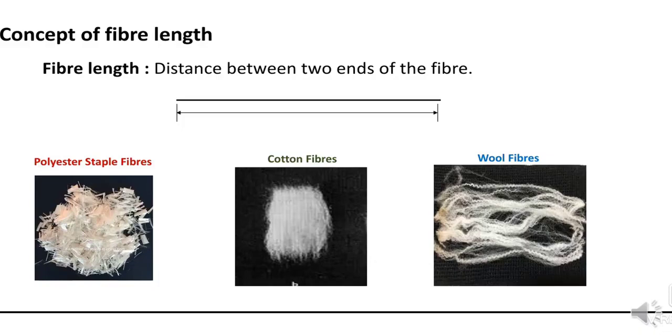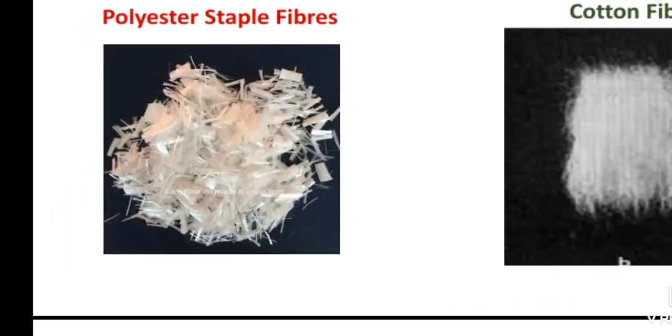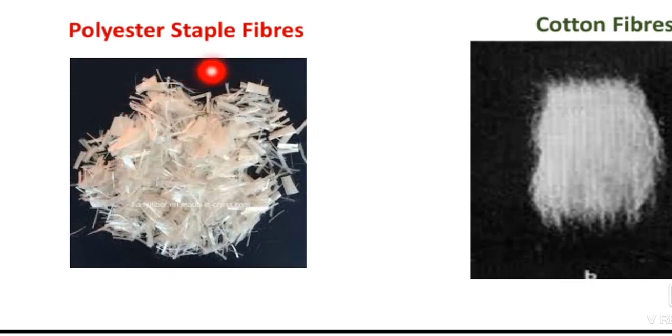In the same way, if you measure the distance between the two ends of the fiber, it is called the length of the fiber. Now, unlike a chalk, if you consider textile fibers, we may have to handle different types of fibers. Here I have shown three different examples: polyester staple fibers, cotton fibers and wool fibers. As far as polyester staple fibers are concerned, you can see all the fibers are cut to a specific length, right?